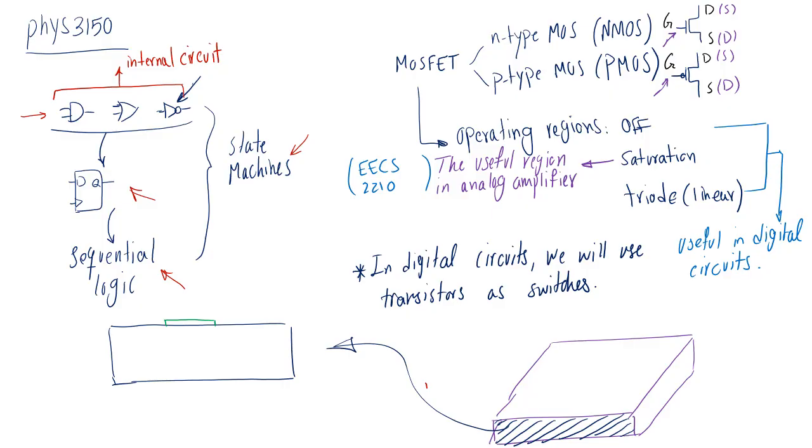Okay, so normally this insulator is silicon dioxide, so SiO2, and then on top of that we put a conductor layer.